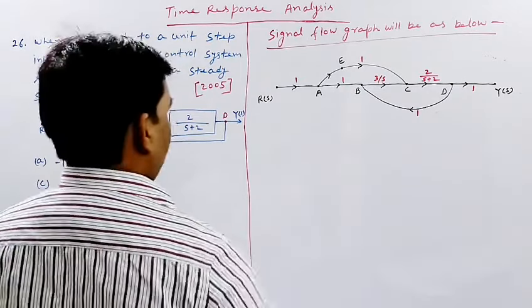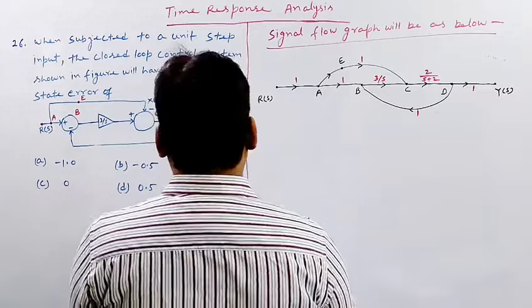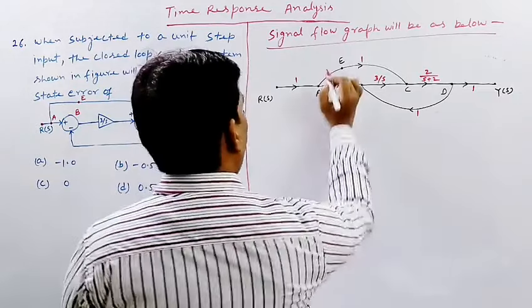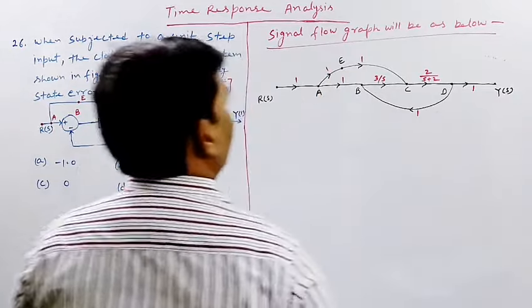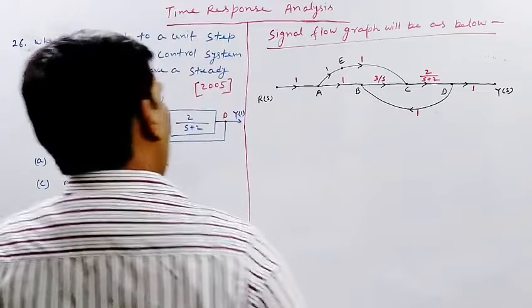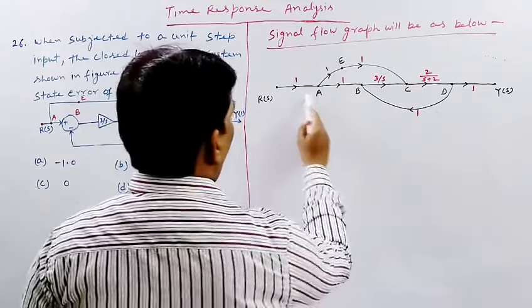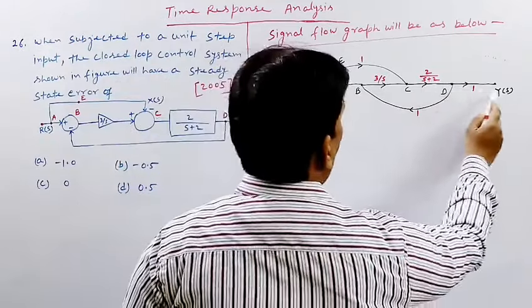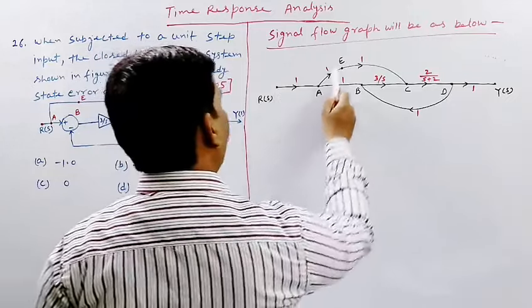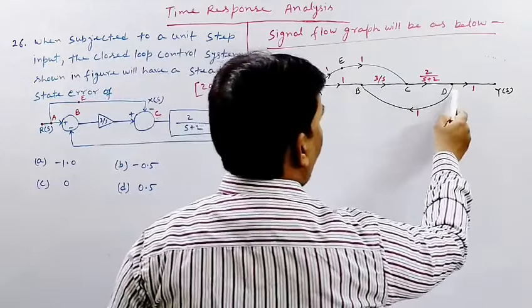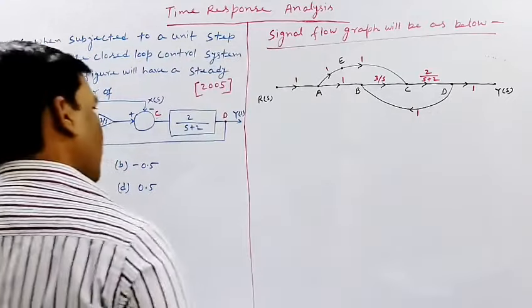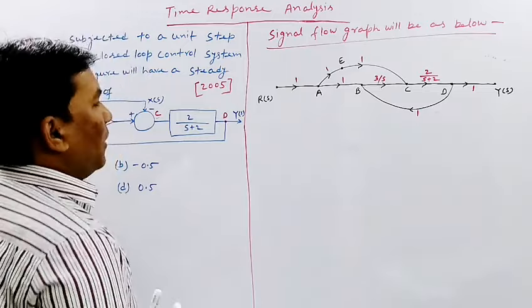The path gain between A and E will also be 1. Now there are two forward paths. First is R A B C D and Y. Second is R A E C D Y. So there are two forward paths.